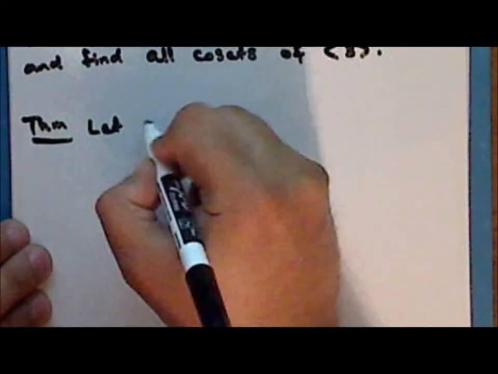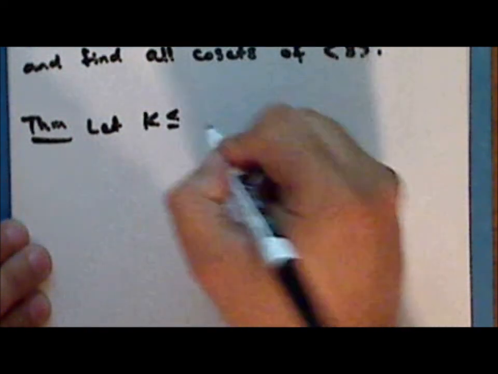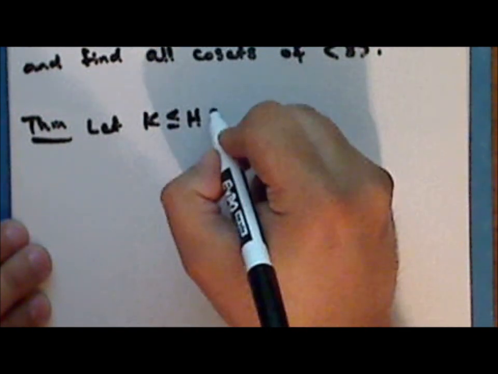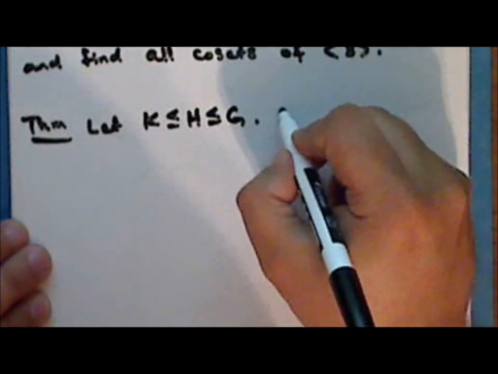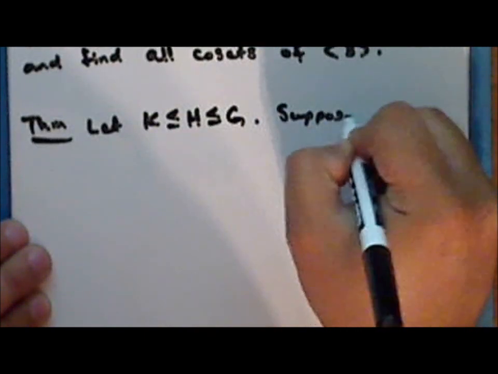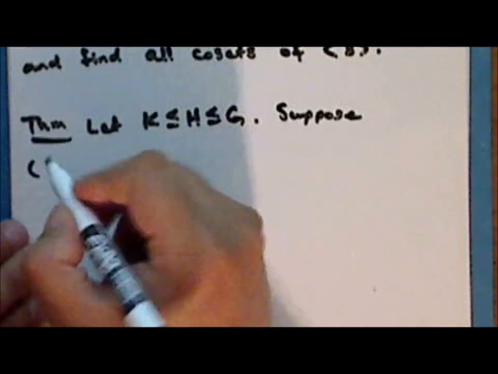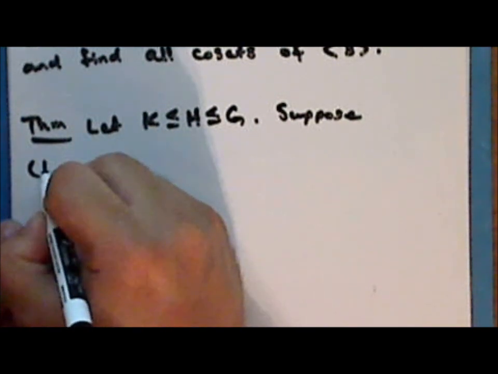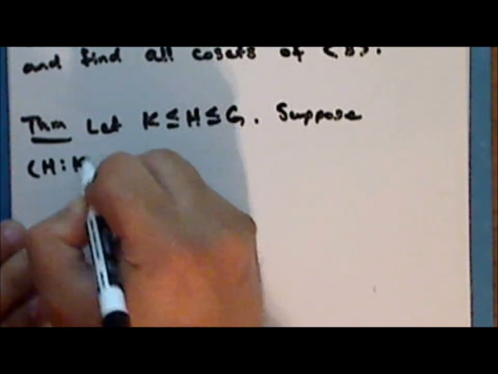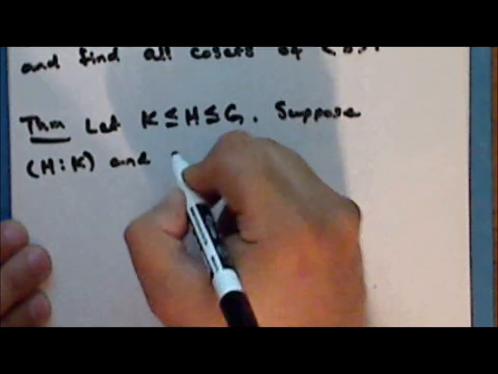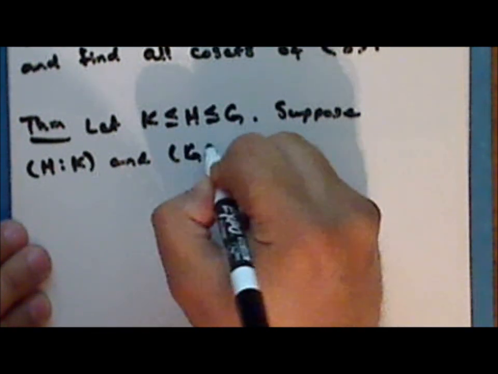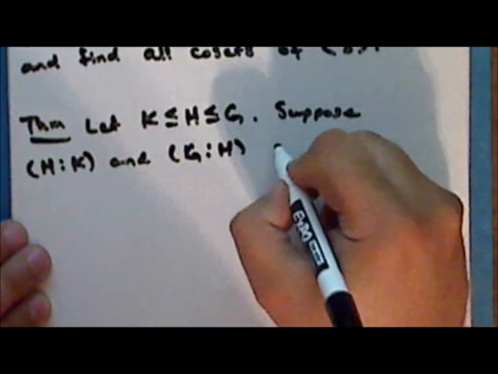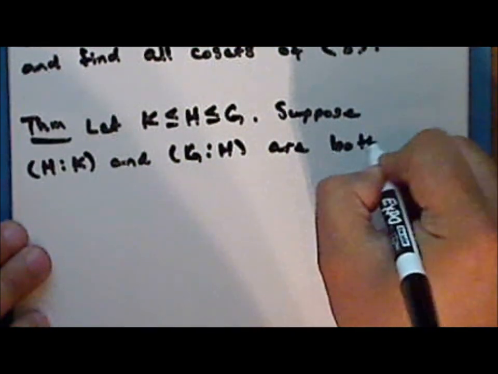So next we'll prove a theorem. Let K be a subgroup of a group H, which is in turn a subgroup of a group G. Suppose that the index of K in H and the index of H in G are both finite.